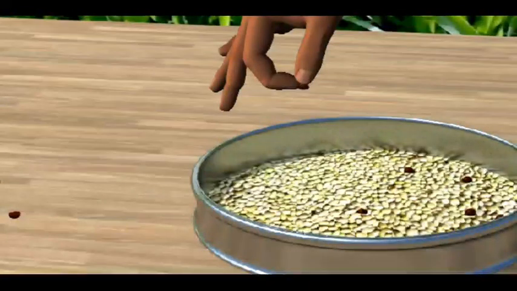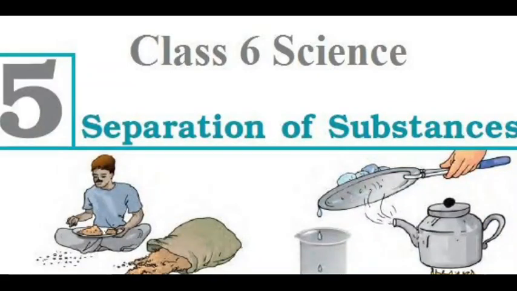Handpicking. Handpicking means taking out by hands. It is a method of separating the small substances that are visible to the eyes from a mixture by hand. It is used to separate substances that differ in size, shape or color and can be picked up by hands as they are usually present in small quantities.